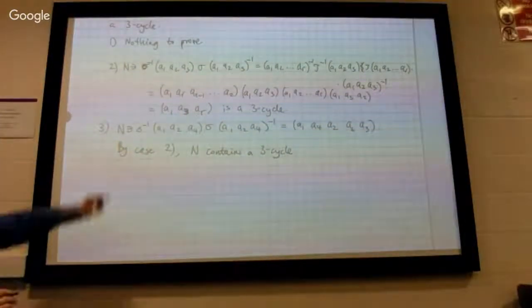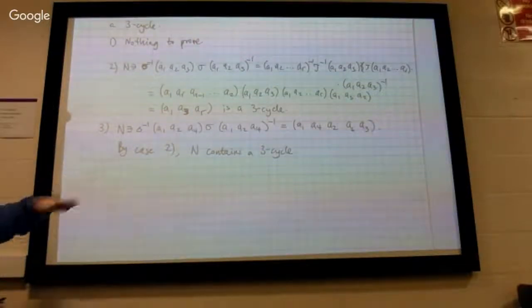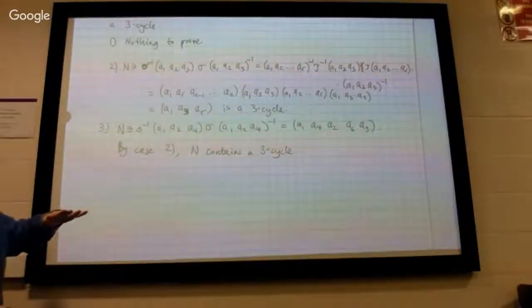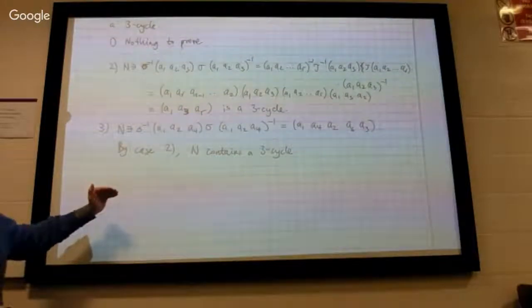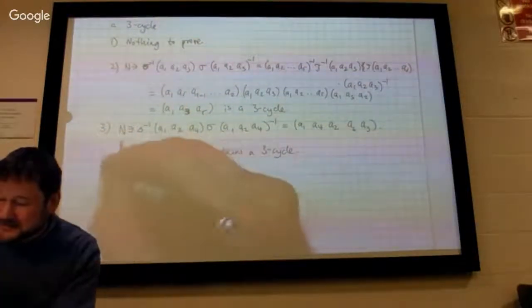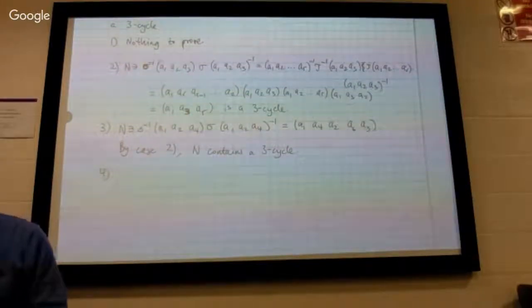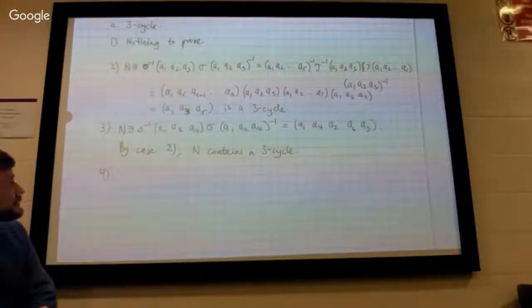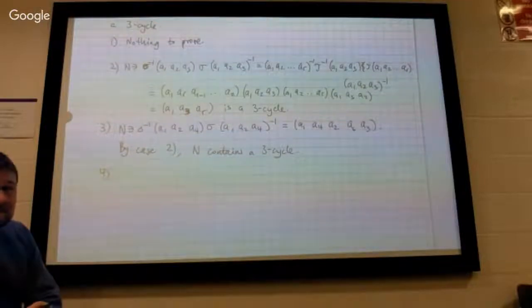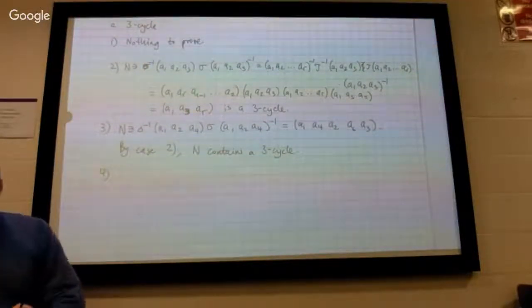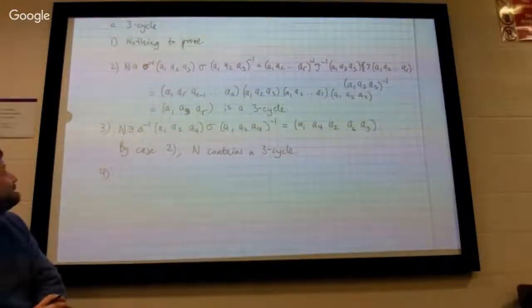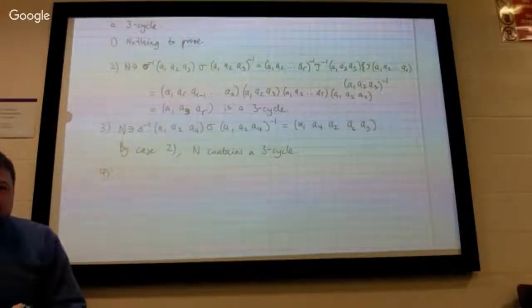What we know from up there is that if there is a long cycle somewhere in N, then there's also a free cycle, so it helps. Case 4. Basically, he's proved that by showing that it exists, there actually has to be a long cycle. It's a 3 cycle. Not finding a 3 cycle, a longer one, is the proof.